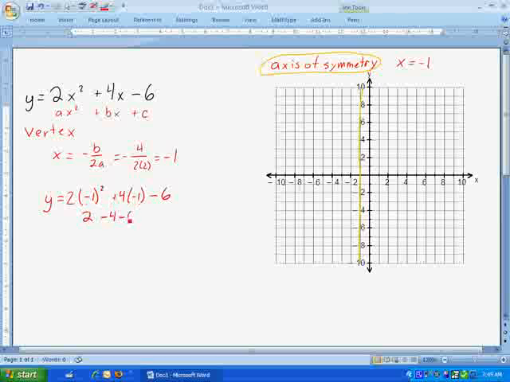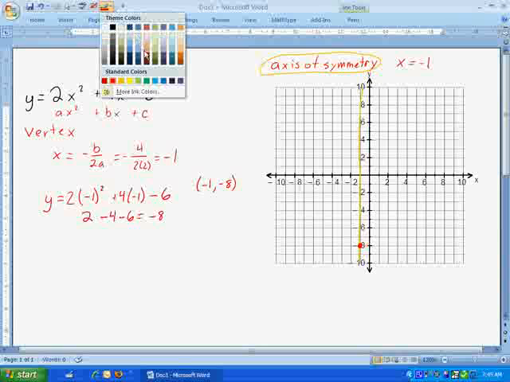Minus 4 minus 6. So that will give me a negative 8. And so my vertex will be at negative 1 comma negative 8. Now that's on my axis of symmetry here, negative 1 all the way down to negative 8. There's my vertex.